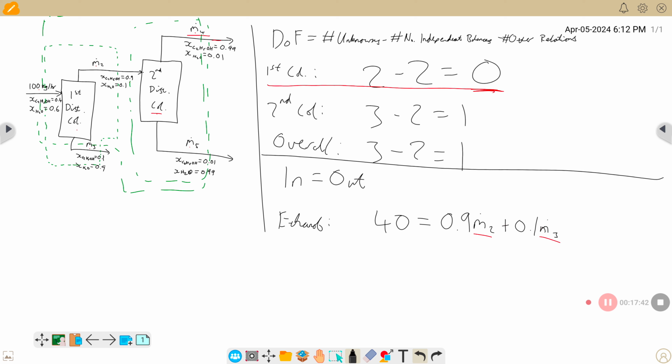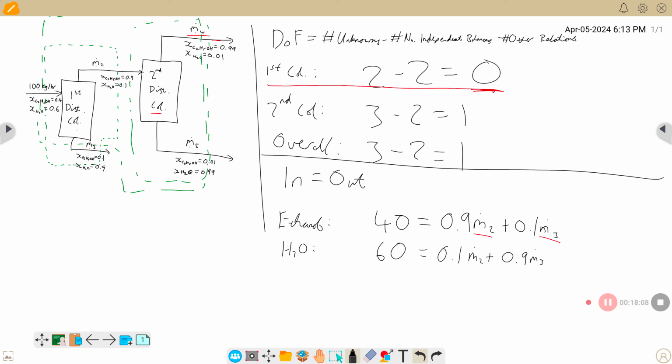Let's do a mass balance for our water. So we've got 60 kilos per hour entering our first distillation column. Leaving our distillation column, we've got 10% of M2 and 90% of M3. So these are our mass balances.